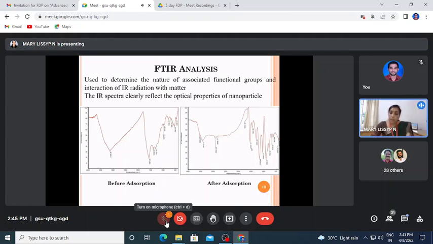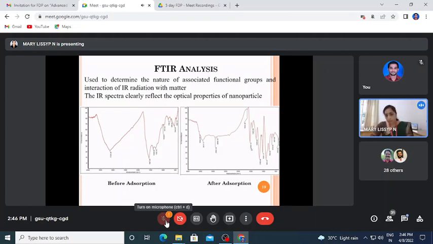Now there are two types of adsorption. You know that: physical adsorption and chemical adsorption. Physical adsorption means the adsorbate is getting adhered to, getting attracted to, the surface of the adsorbent. That is physical adsorption. But chemical adsorption means between the adsorbent and the adsorbate, so many reactions are taking place, and then the metal ions are getting adsorbed to the binding site. So here what has happened? The value got decreased.